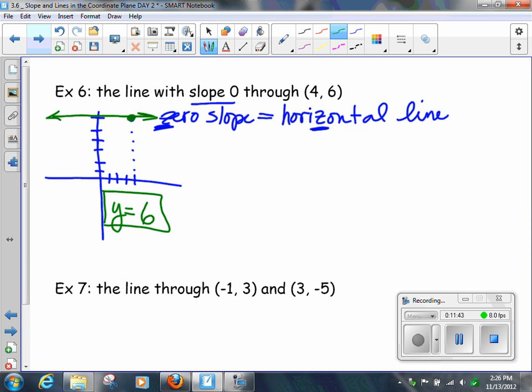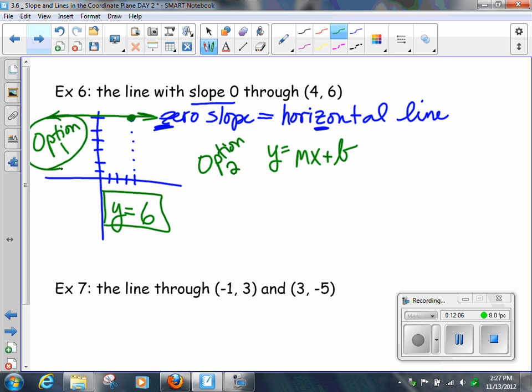If you were also caught up in the details, then couldn't we put those values into the equation? So this is option 1. Option 2 would be this. Substitute.